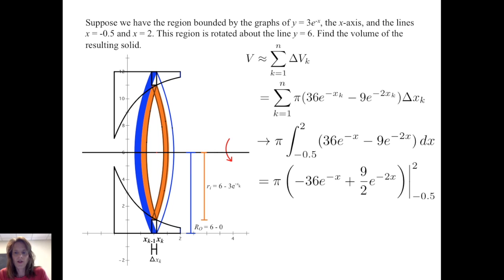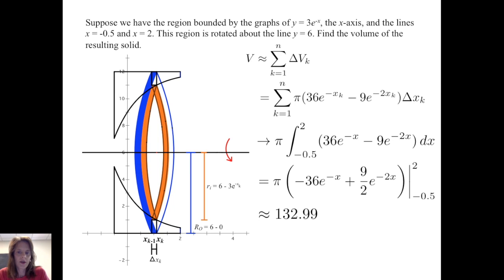This is an integral for which I can find an antiderivative. So I have pi times negative 36 e to the negative x plus 9/2 e to the negative 2x. I'm evaluating this from -1/2 to 2 to give me approximately 132.99.